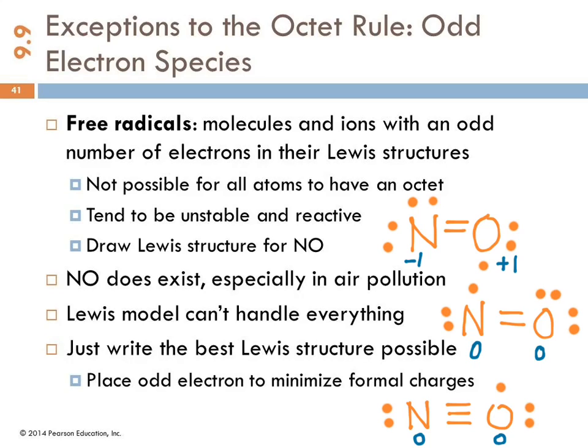And in the other structure, the nitrogen has 2, 4, 6, 7. So is it better to be one short or to have one extra? I think it would be better to be one short. But off the top of my head, I can't really give you a good reason for that.